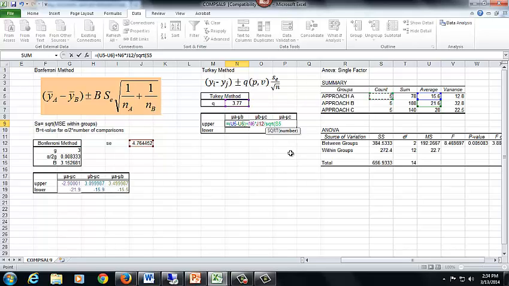So this methodology can also accommodate different numbers of observations in each group, even though it doesn't look like it just based on the shortened formula that I've shown you right here.